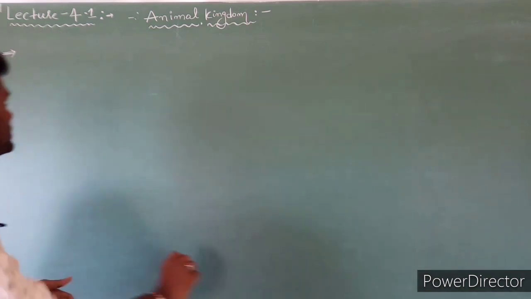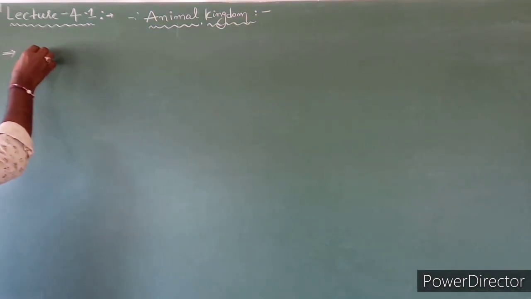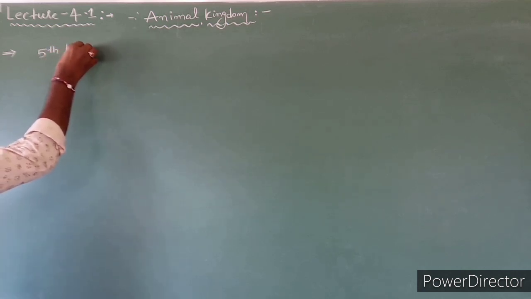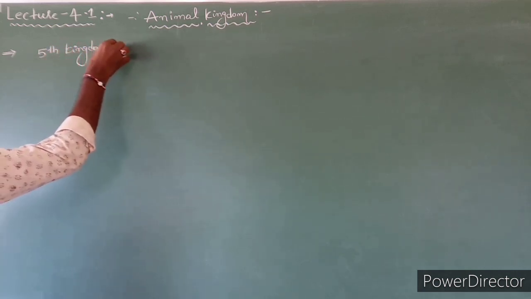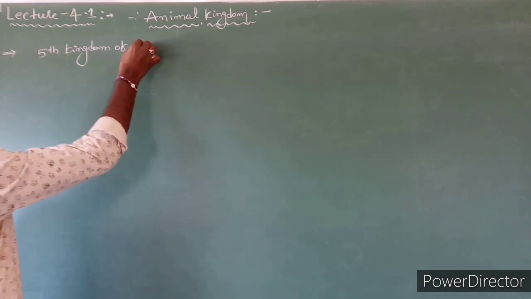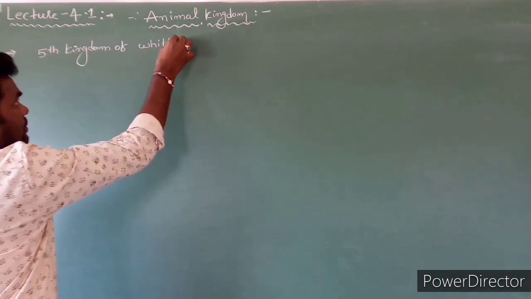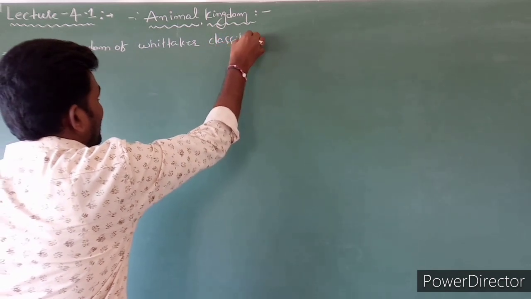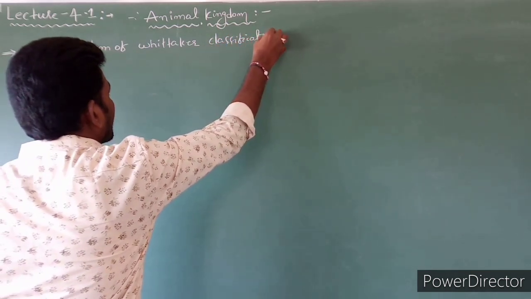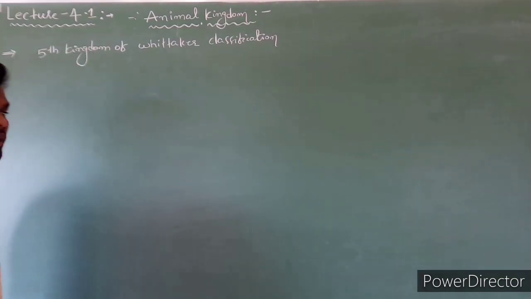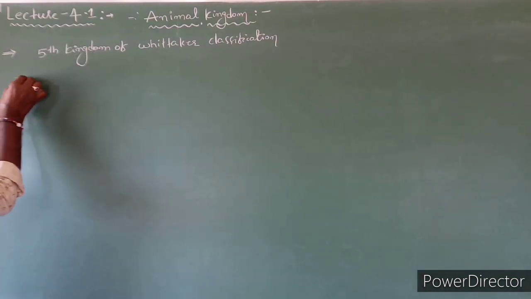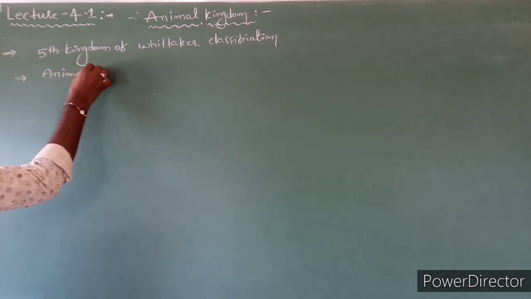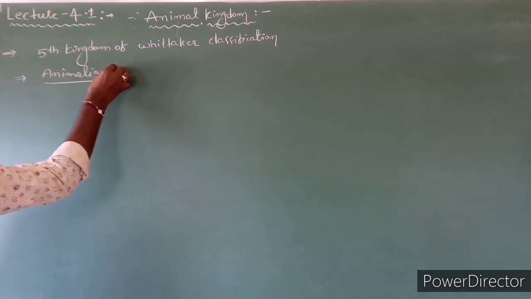Clear? So this is the fifth kingdom of Whittaker classification. The fifth kingdom is Animalia.